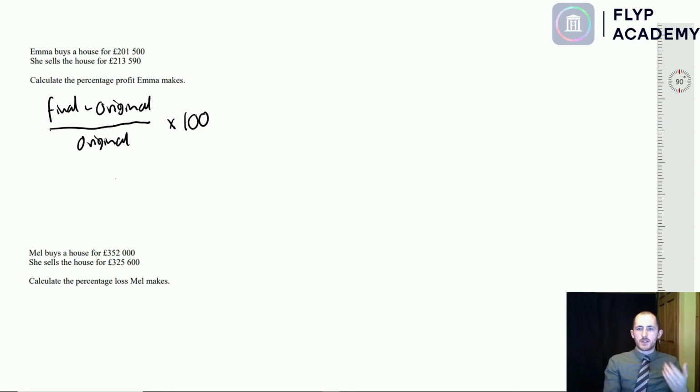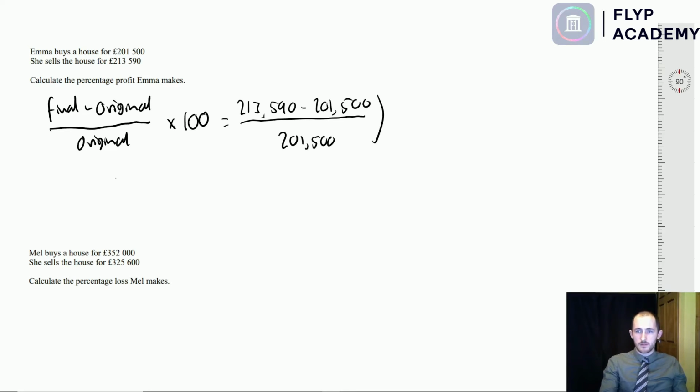With this, the final amount was £213,590 minus the original price of £201,500. We're dividing it by the original, so 201,500. Then multiplying it by 100.